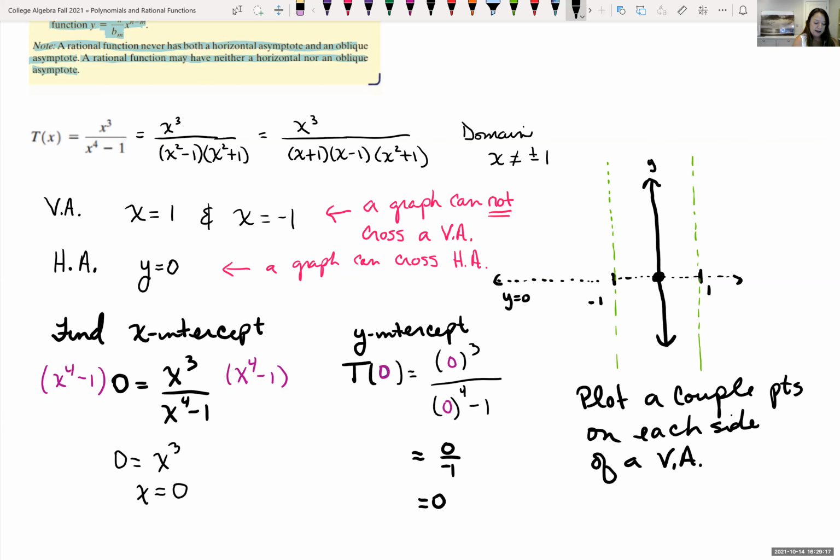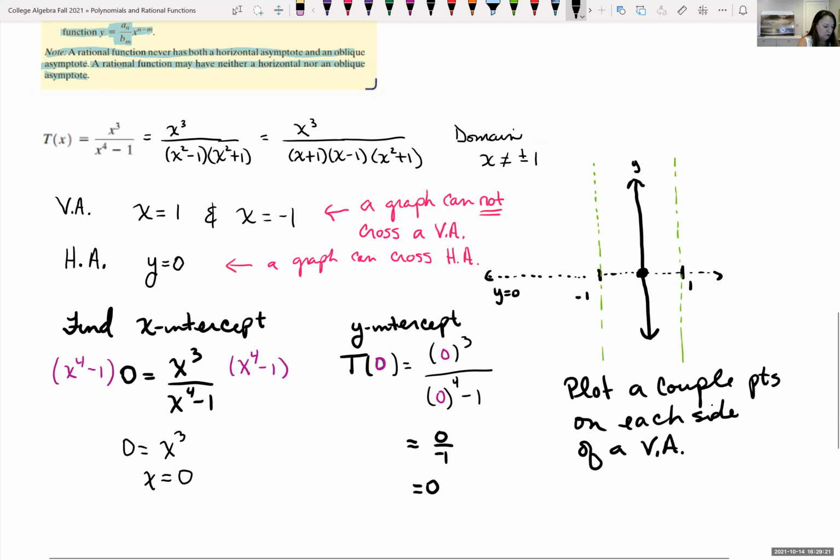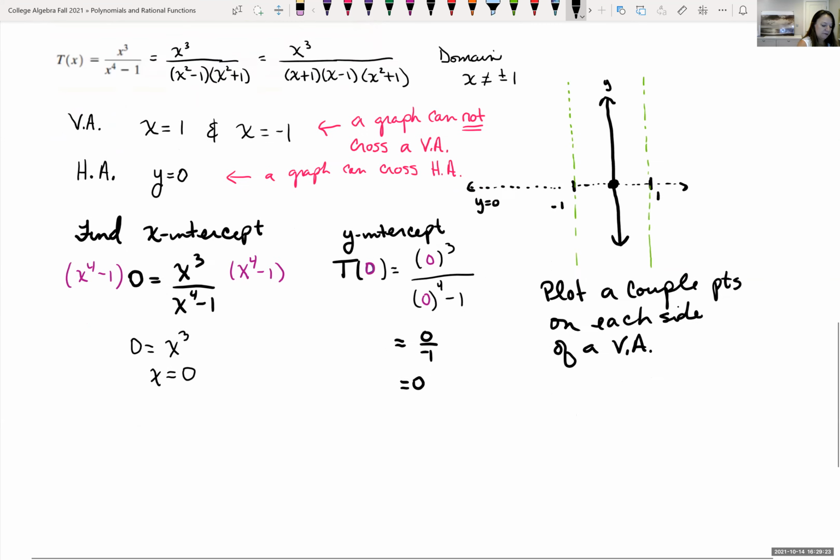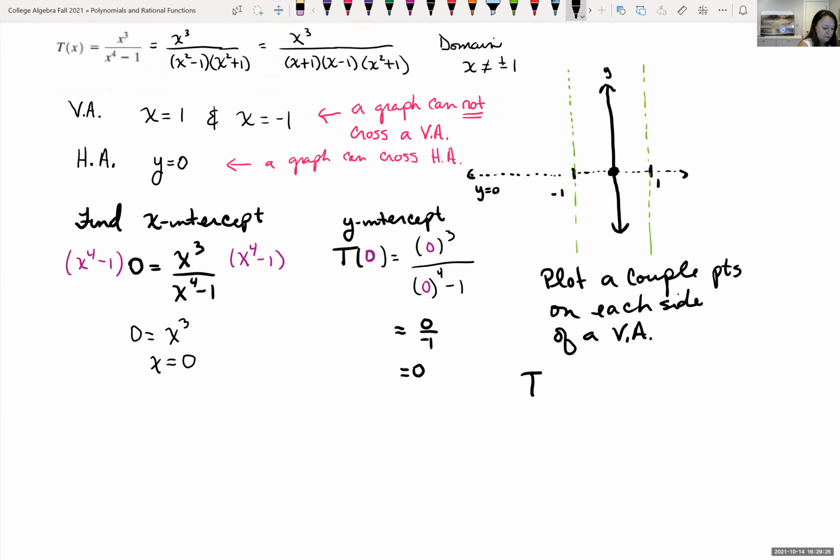So let's look at the left of x equals -1. So let's try x equals -2. And so if we look at t of -2, we plug in -2 wherever we saw an x. So we get -2 cubed all over -2 to the 4th minus 1.